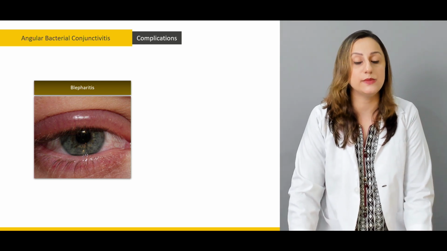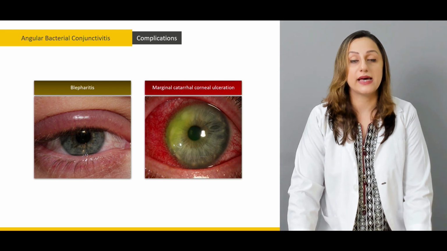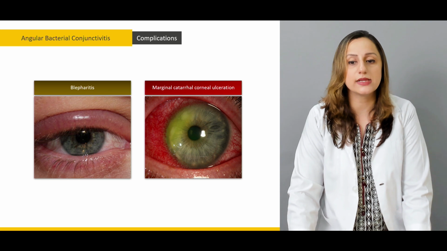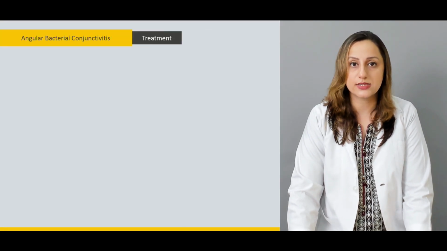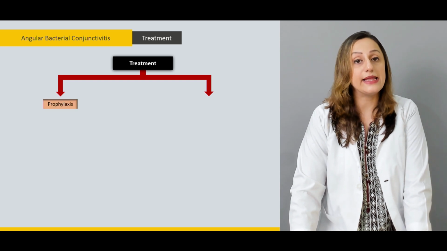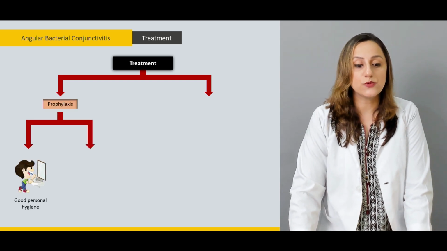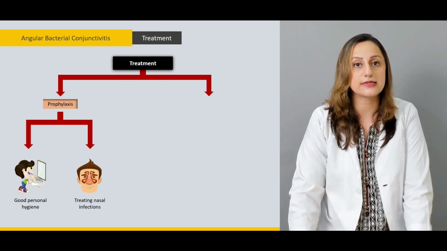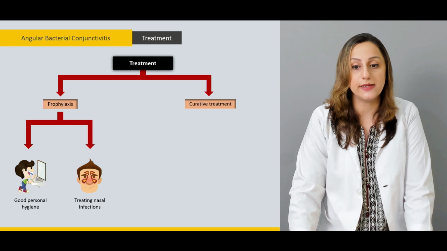That would encompass blepharitis, involving the lower lid or the upper lid, marginal cataract, and corneal ulcerations. The treatment would consist of prophylactic treatment, which would consist of good personal hygiene and treating nasal infections appropriately and promptly.